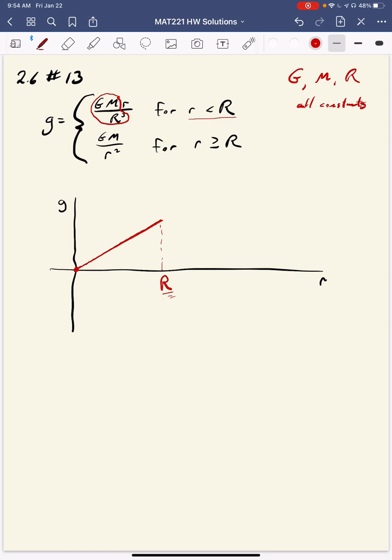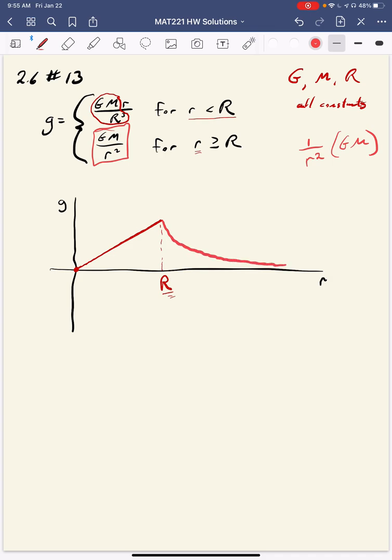All right, now, once the variable r is equal to or larger than the constant R, then we have this situation that we need to look at, which is here. Again, since g and m are constants, what we end up with is basically something that looks like the 1 over r squared function just being multiplied by some scale factor of GM. 1 over r squared, we know has this type of shape.